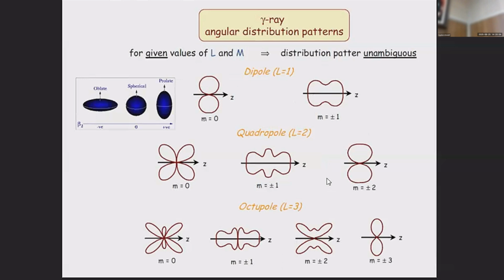For different M values, they have different orientations and shapes. One is just breathing, or the other one is like this.